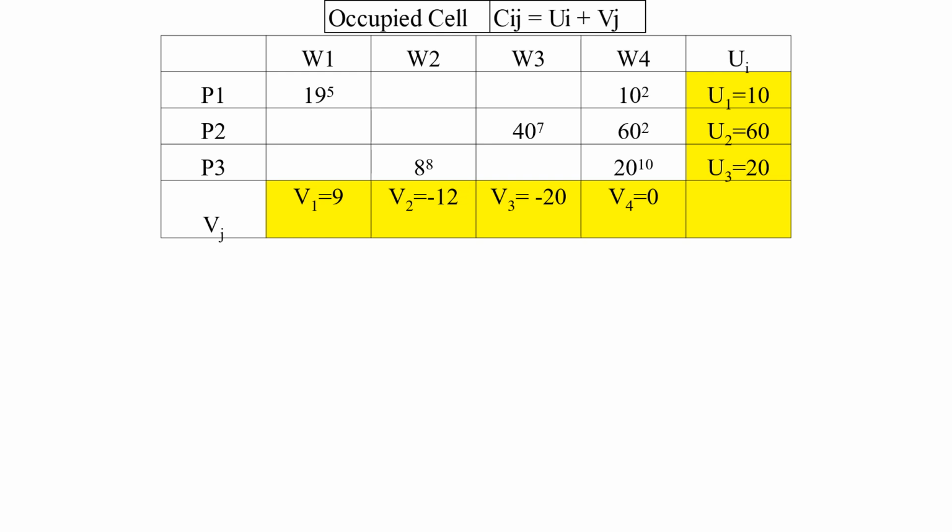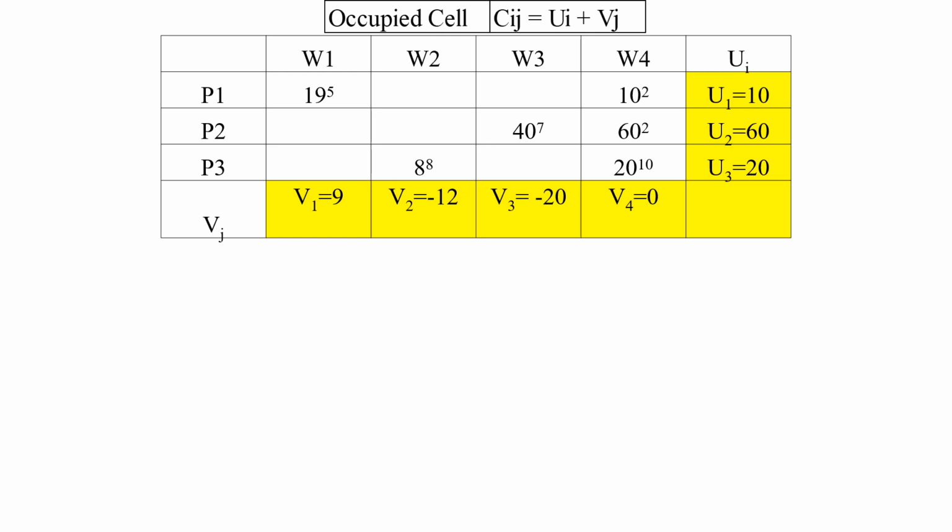Once you assign 0 here, you can find U3, U1, U2. Suppose Cij is C34, which is 20. Then 20 equals U3 plus V4.